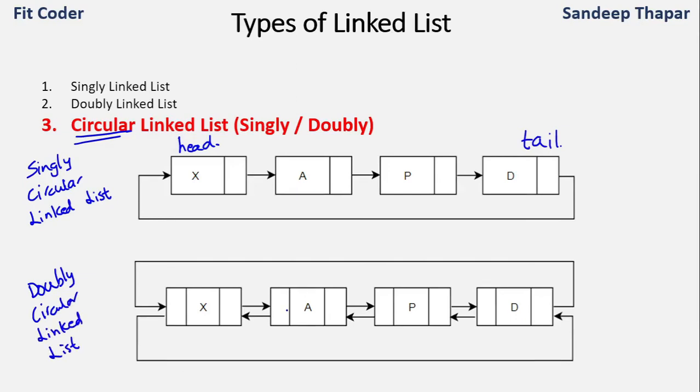This is similar to doubly linked list, but just that the next pointer of the tail is pointing to head and the previous pointer of the head is pointing to tail. So instead of pointing to null, the head is pointing to tail and the tail is pointing to head. And each node has two pointers, so that is why it is doubly. And because it is forming a circle, that is why these are circular linked lists.